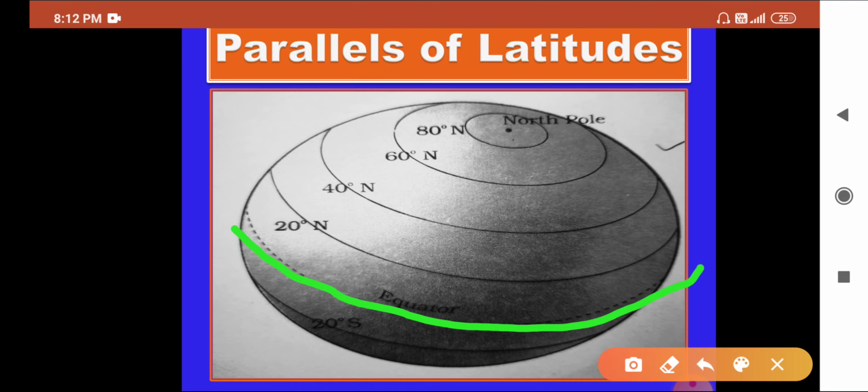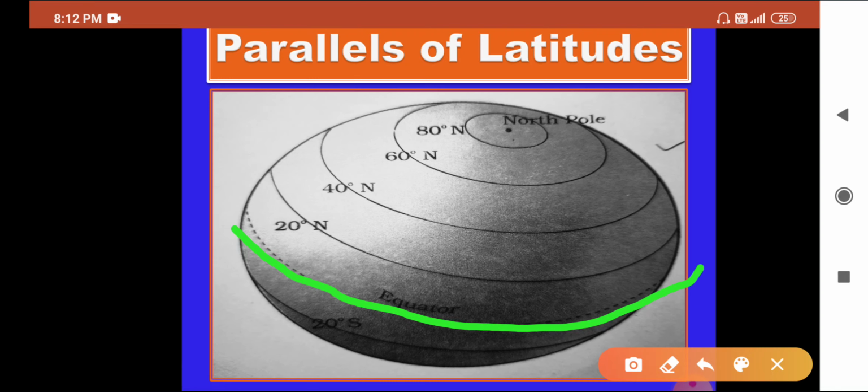It is called the equator. This line is not real on the Earth's surface. This is an imaginary line.